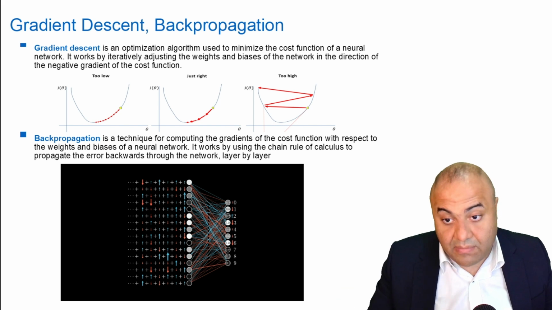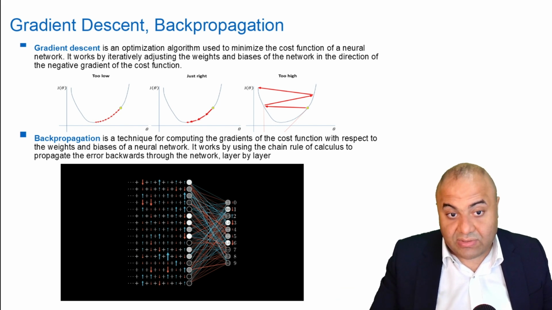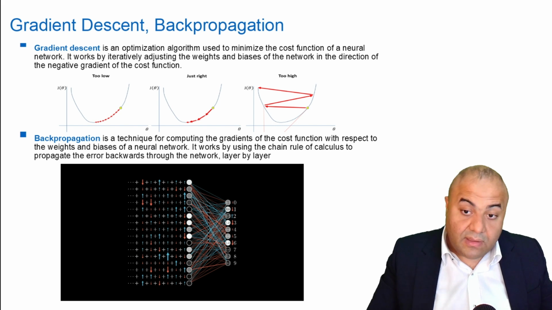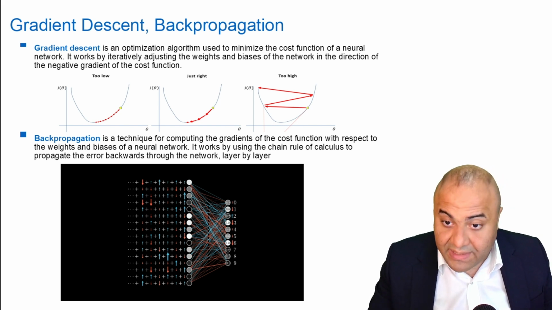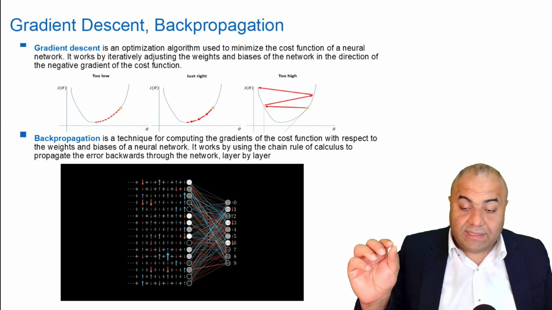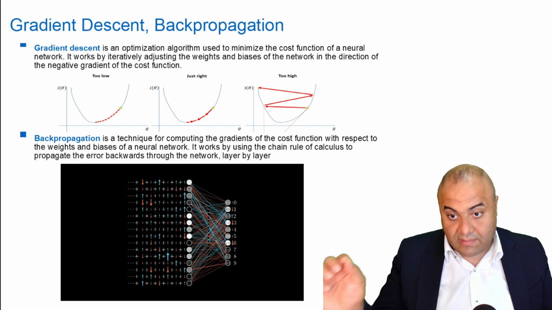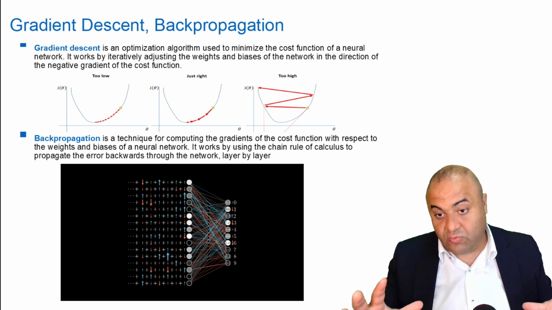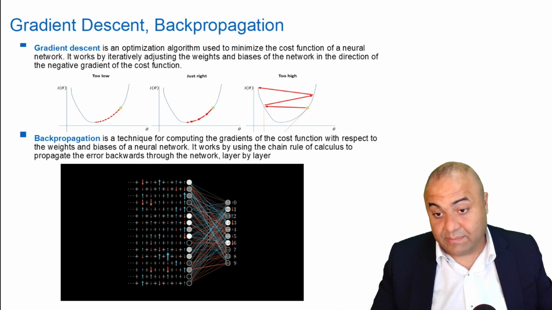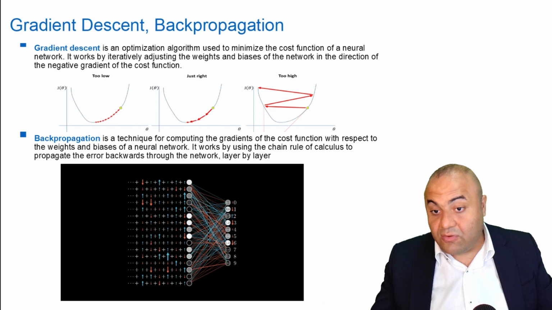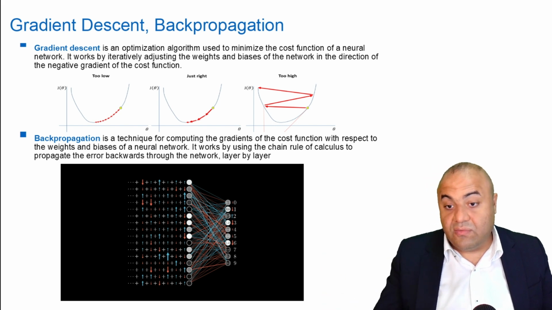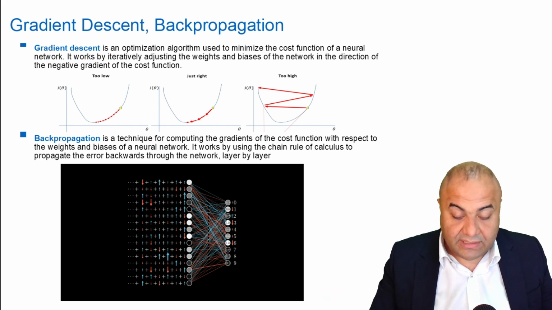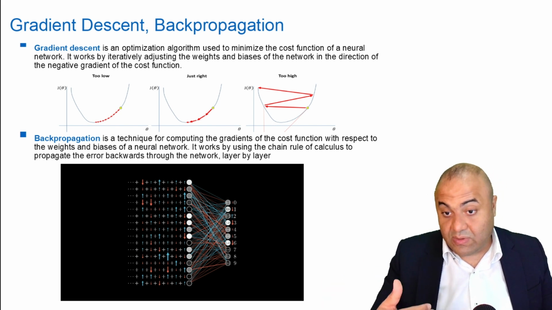Another, maybe more used method is backpropagation. Backpropagation is based on the idea that we have the network with our initial weights and biases, and we start from the output of the network and go in the opposite direction. This is what we call backpropagation.